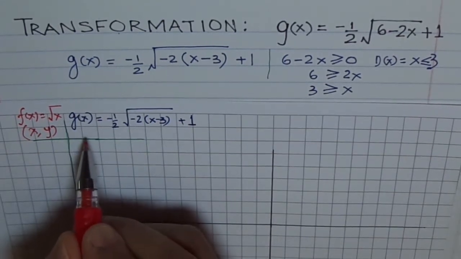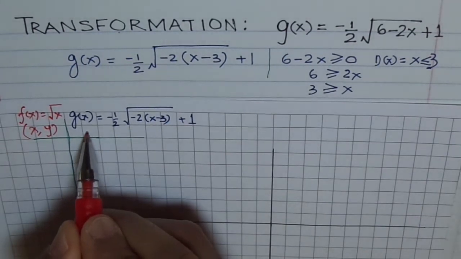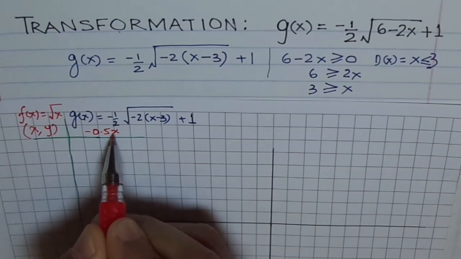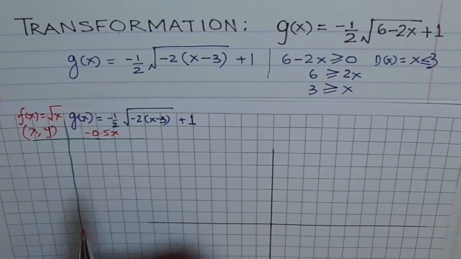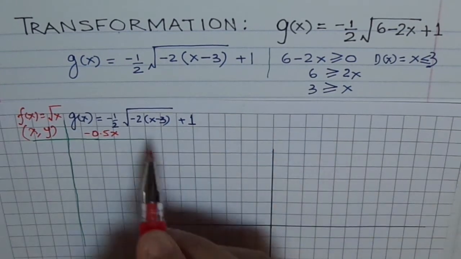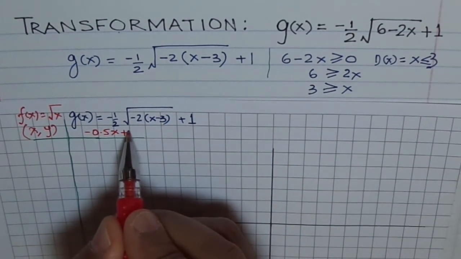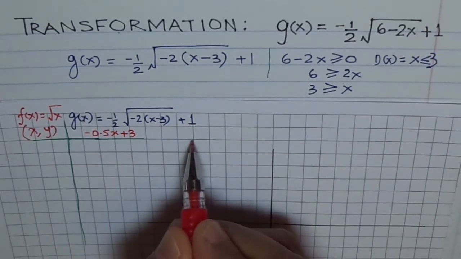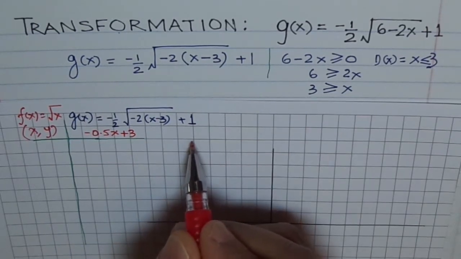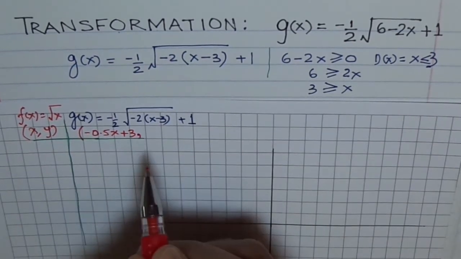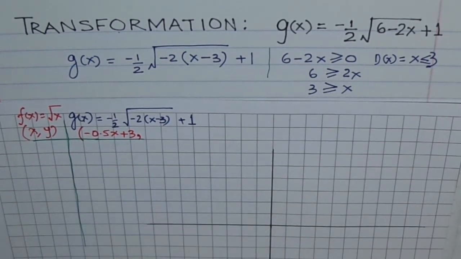So x becomes minus half. I'll write here minus 0.5 x. Half is 0.5. And then we move 3 units to the right. That means we add 3 to our x value. When you move right, it is as good as putting plus 3 for x. Is that okay?